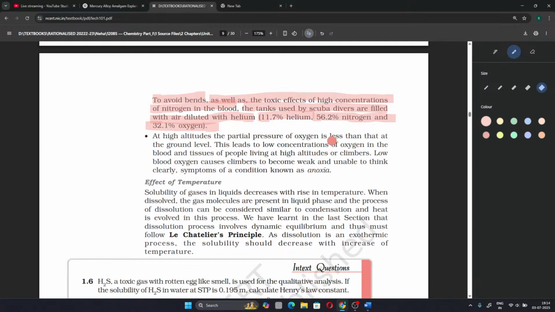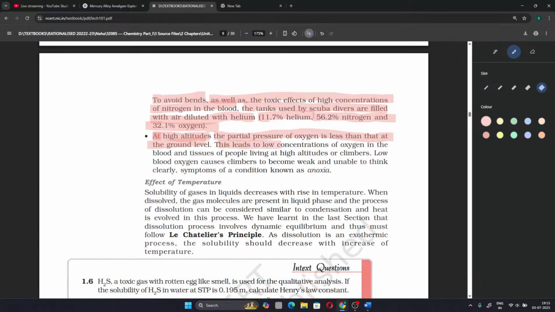Basically, by reducing the percentage of nitrogen, we are reducing the partial pressure of nitrogen in the air tank. As solubility depends on the partial pressure, when the partial pressure of nitrogen decreases, the solubility also decreases. And the third is, at high altitudes, the partial pressure of oxygen is less than that at the ground level.